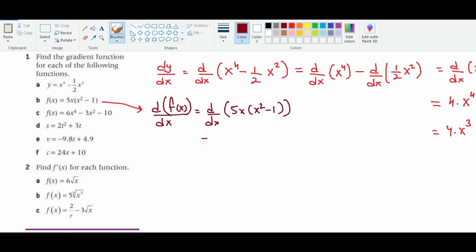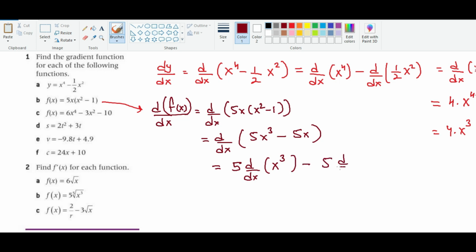So when I open it, I get dy by dx 5x to the power 3 minus 5x. Now separate it and bring the constant out. So what we get, 5 d by dx of x cube minus 5 d by dx of x.